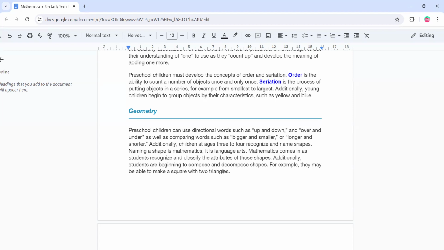Mathematics comes in as students recognize and classify the attributes of those shapes. Additionally, students are beginning to compose and decompose shapes. For example, they may be able to make a square with two triangles.